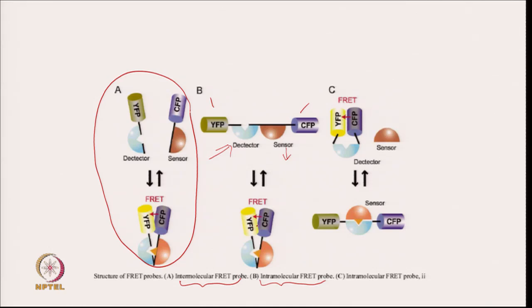But when they are close together, which generally happens when the protein gets folded or a molecule goes into a compact conformation, in that case there will be FRET and YFP will show emission.